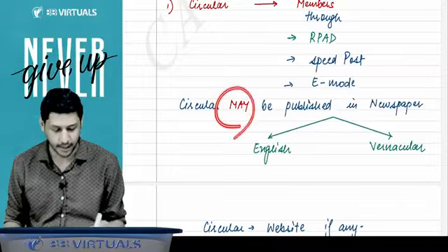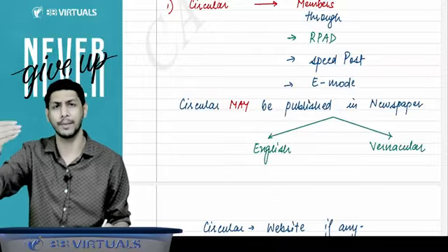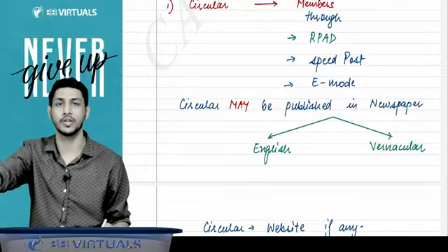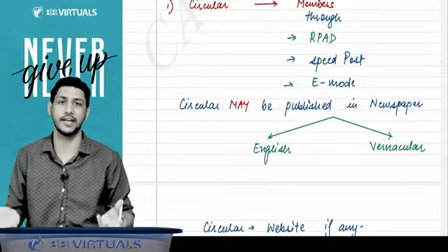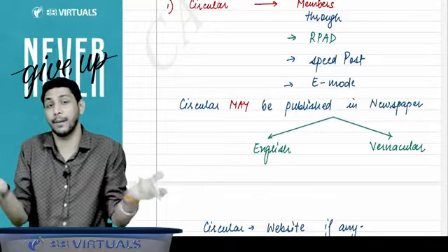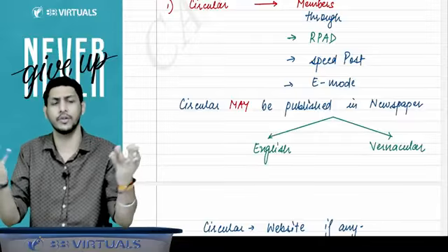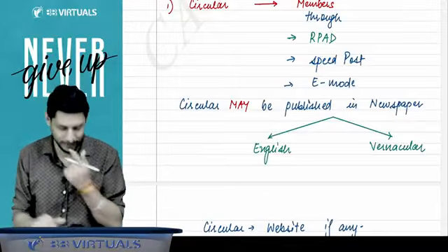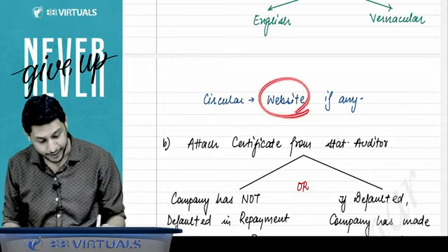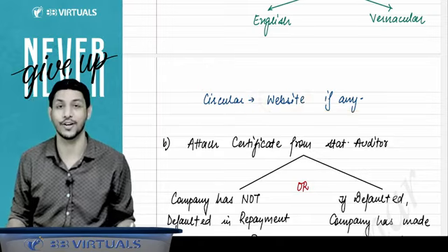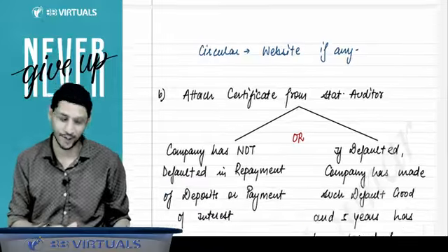But sir, why is may written? Because company is accepting deposits from the members. So if you are accepting deposit from the member, your option is there. If you want to publish it in the newspaper, you can publish it in the newspaper. If you don't want, then don't publish in the newspaper. Also, if you have a website, then you have to publish the circular on the website also. Got it? Got it, sir.